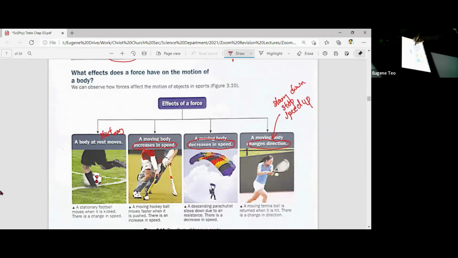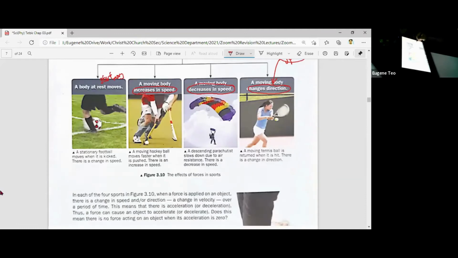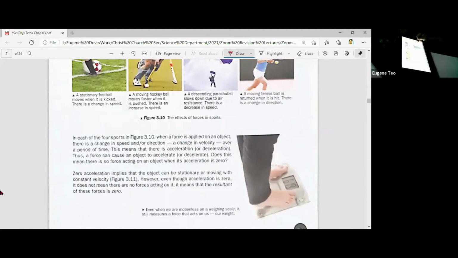So whenever you're changing the direction of an object, these are the 3 motions that typically happen. Whenever you're talking about a tennis ball or badminton shuttlecock, you will see this happening when there's a change in direction. Okay, so let's go on to the rest of this part here.